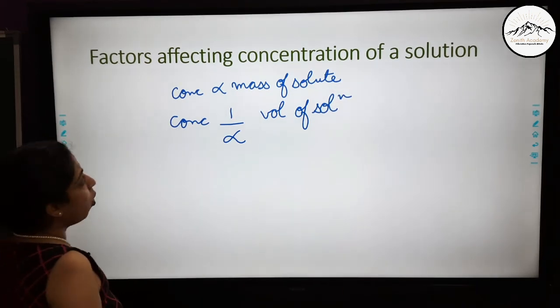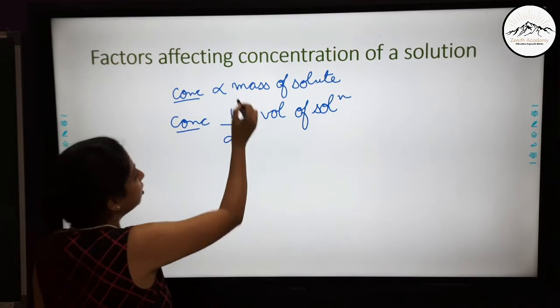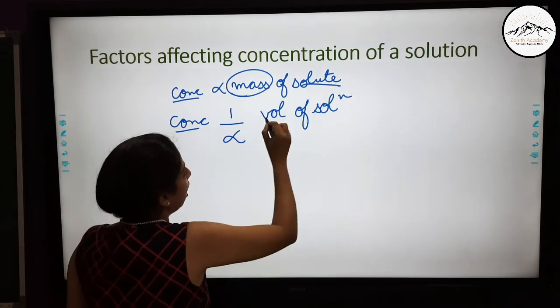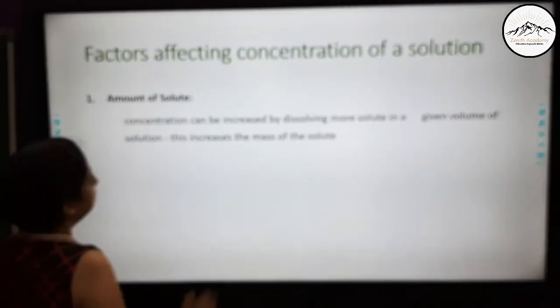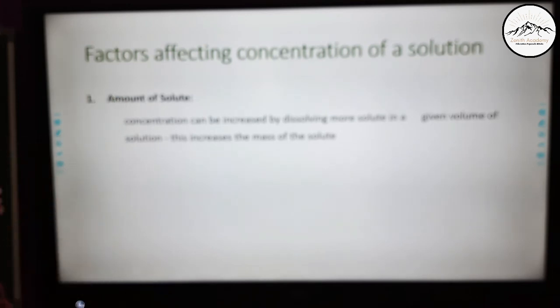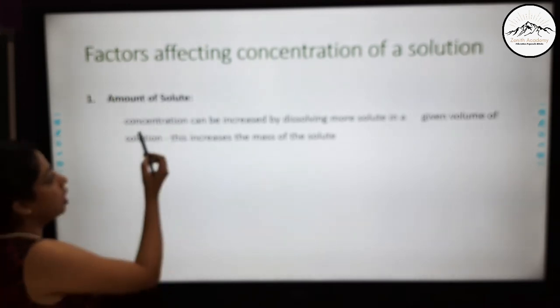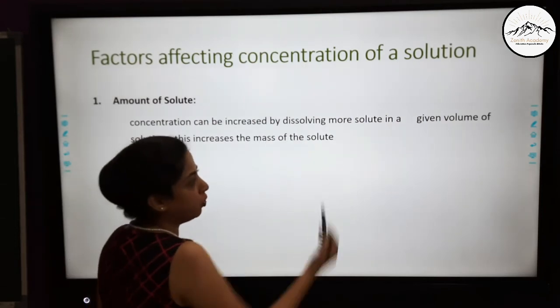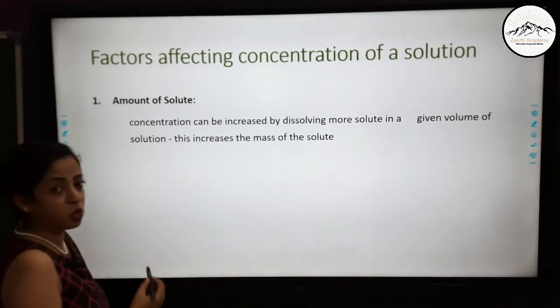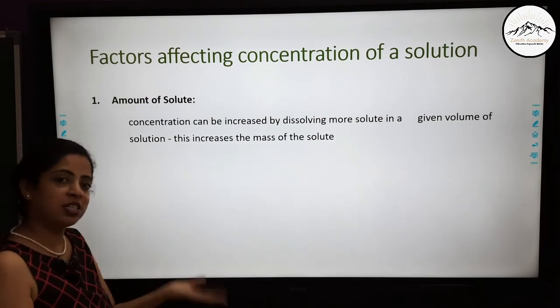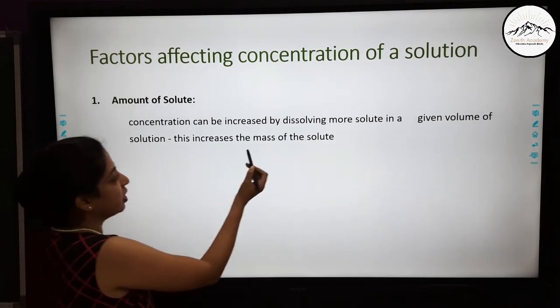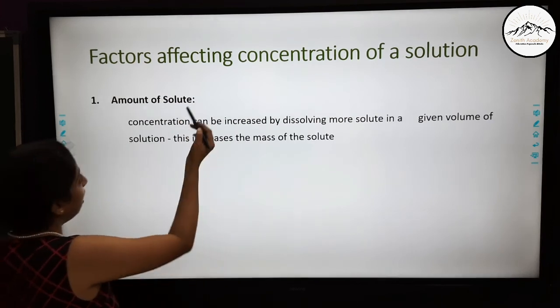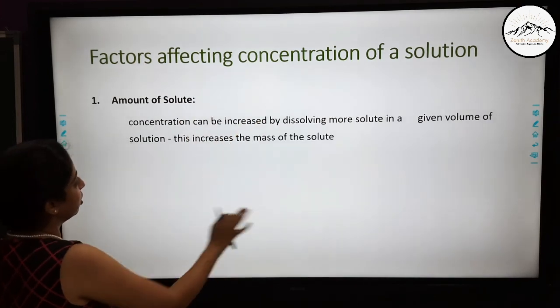So obviously concentration depends on these two, mass of solute and volume of solution. The first factor is amount of solute. Concentration can be increased by dissolving more solute in a given volume of solution. This increases the mass of the solute and hence it will affect the concentration.